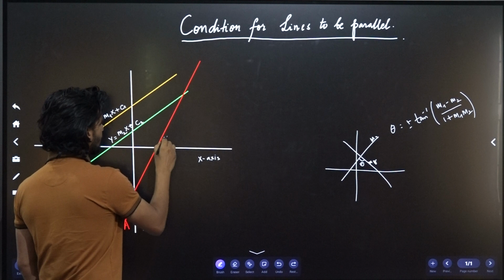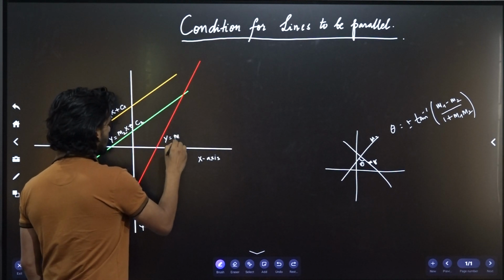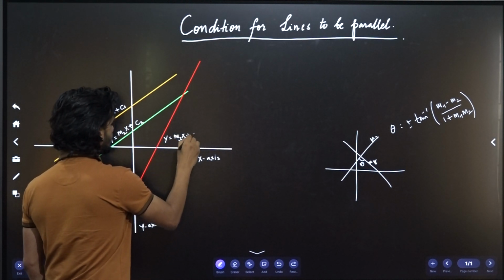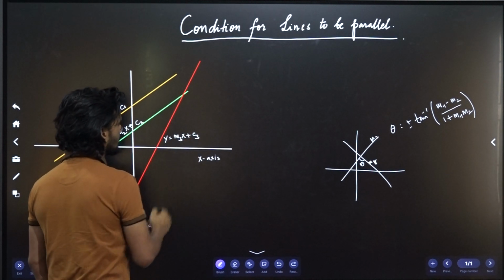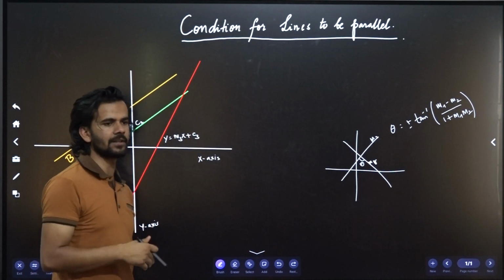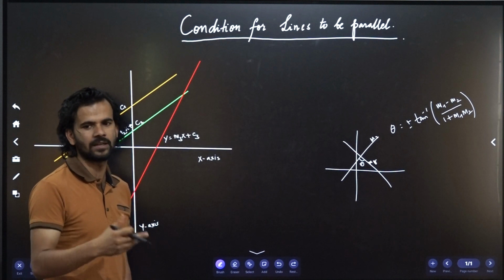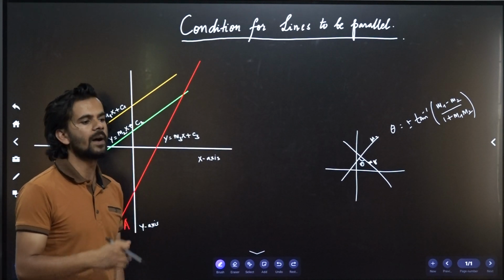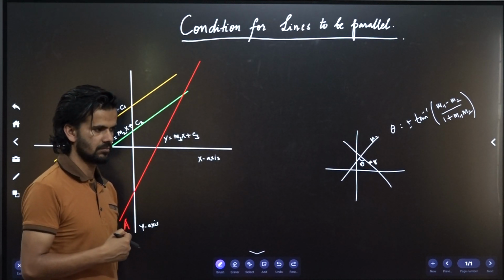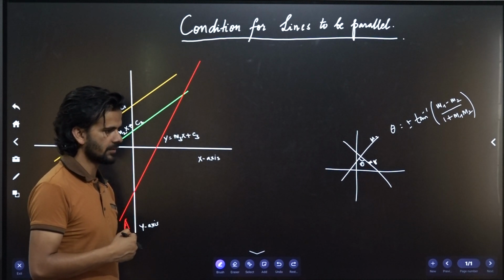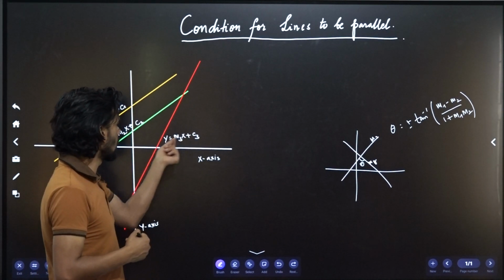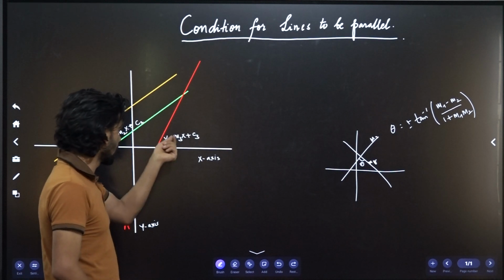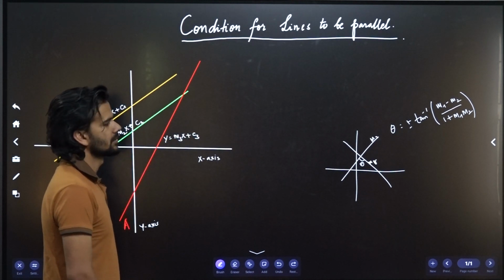Similarly, for this line, y equals m3x plus c3. Here y and x are variables, and m and c are constants for a line.